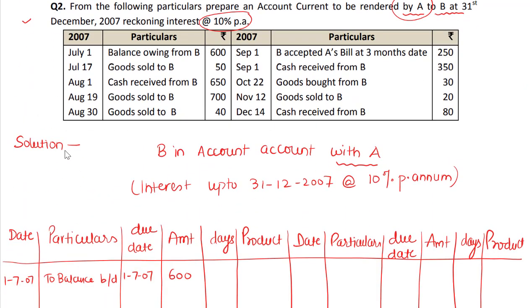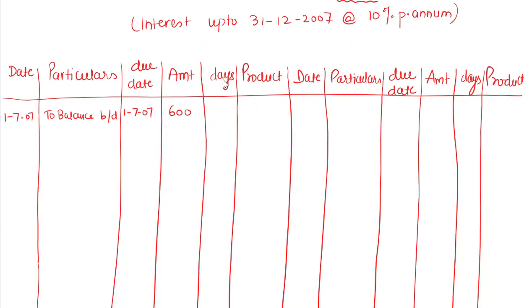Next, goods sold to B on 17 July, sales 50. 17/7/07 to sales 50. 17/7/07 is the due date.